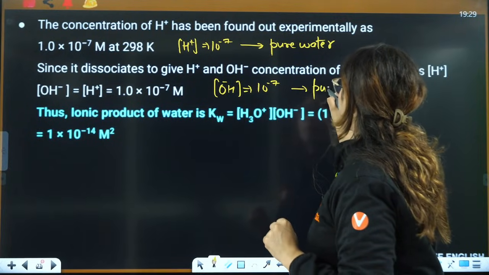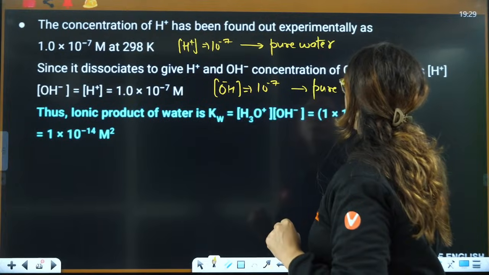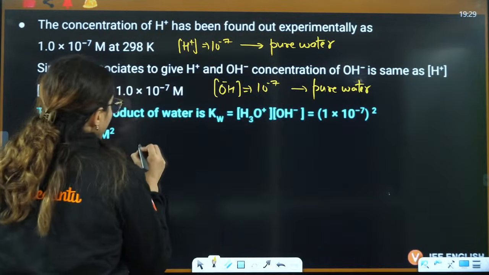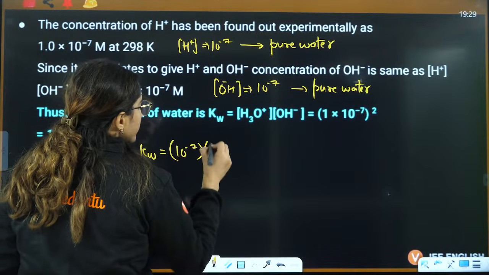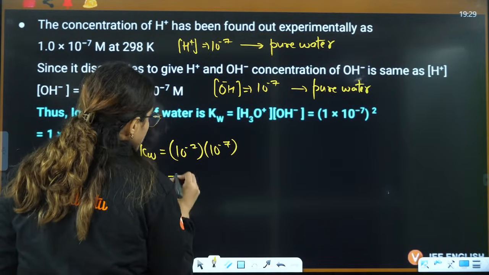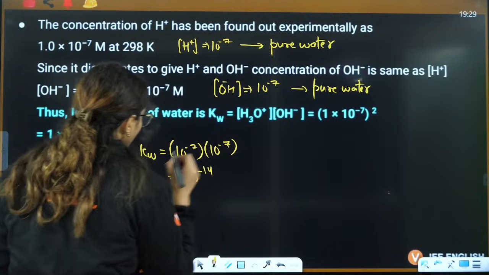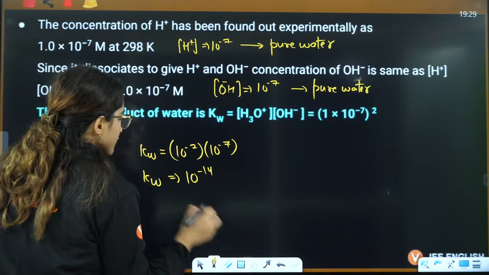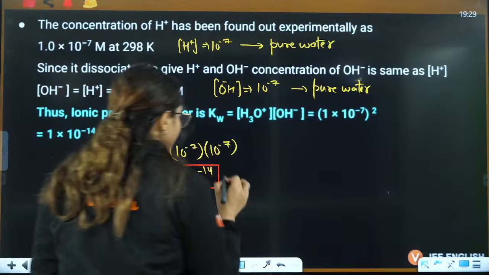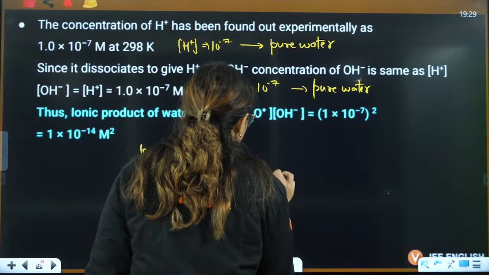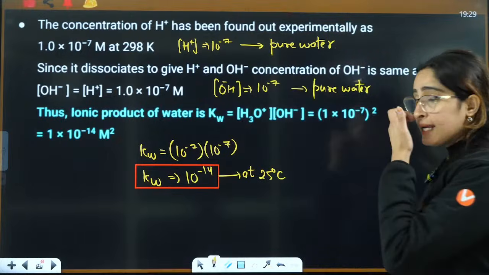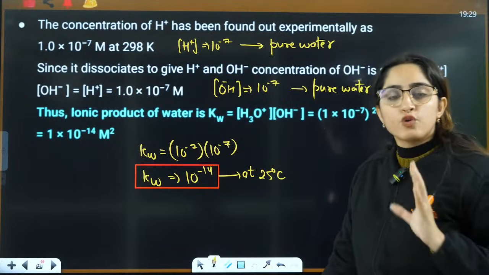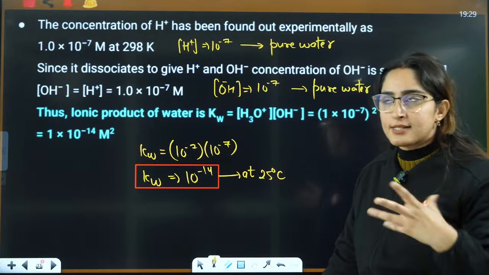That is for pure water. So that means Kw will become 10 raised to power minus 7 into 10 raised to power minus 7, that is 10 raised to power minus 14. And this value is defined at room temperature at 25 degrees Celsius, right?